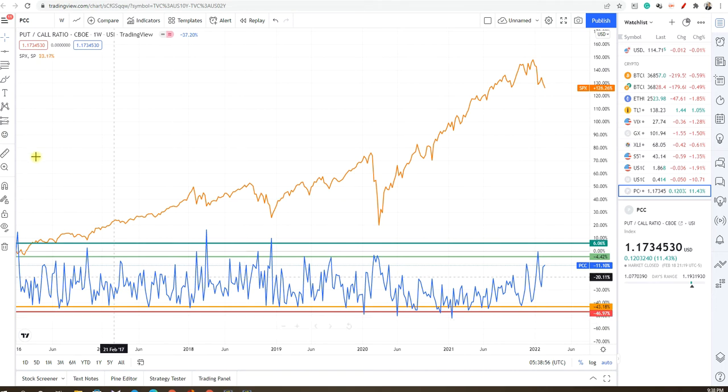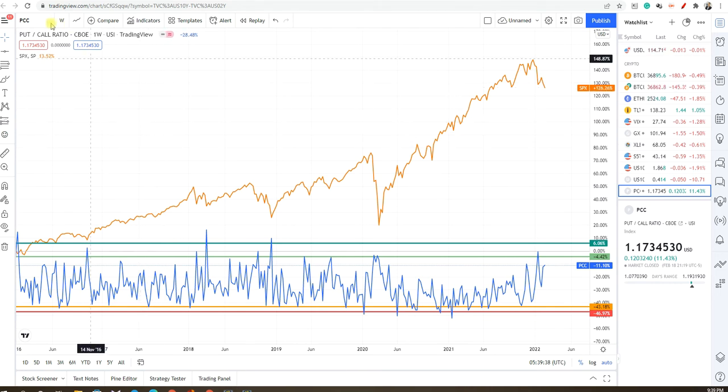So when this put/call ratio goes higher, it means the number of people getting bearish is higher and the number of people getting bullish is getting lower. When this chart is going higher and higher, the number of bearish people is getting higher and higher. And usually when the number of bearish people is getting higher, we are close to or at the bottom of the correction or recession even.